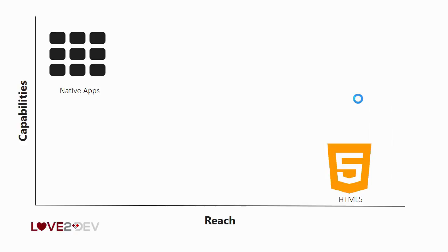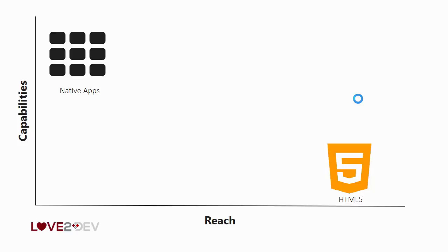So let's look at the perception problem in a different light. Now, the common thread, I guess, is that most developers and stakeholders perceive this graph as being true, where native apps for devices like the Apple iPhone, iPad, Android devices, and Windows with a desktop, native applications give you a lot more capability.